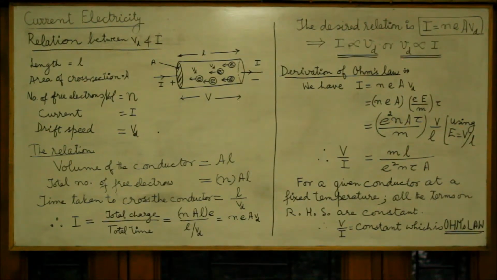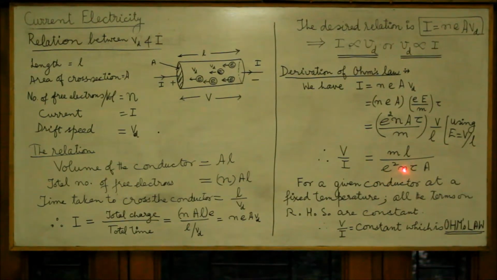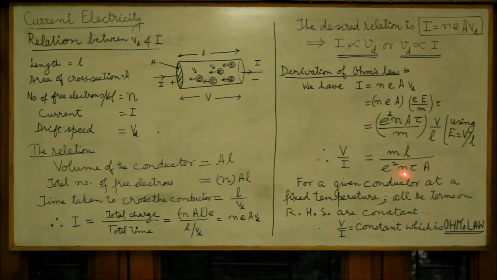So this relation leads us to the formula V over I is equal to mL over e square n tau into A. If we look at the terms on the right hand side carefully, m is the mass of the electron, a constant quantity, e the charge on the electron, and n the number density of free electrons per unit volume.